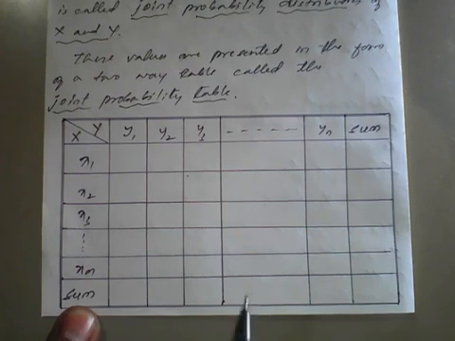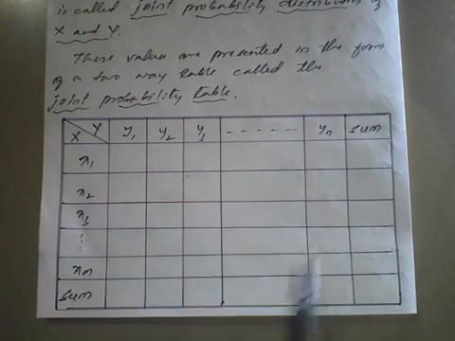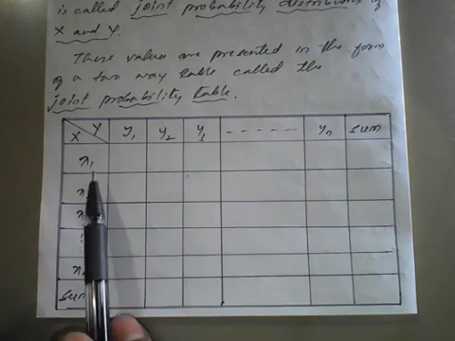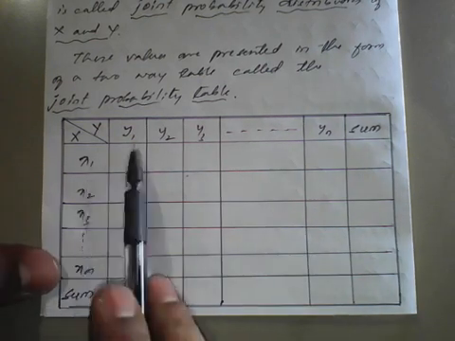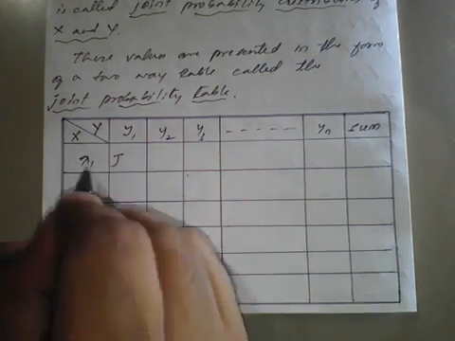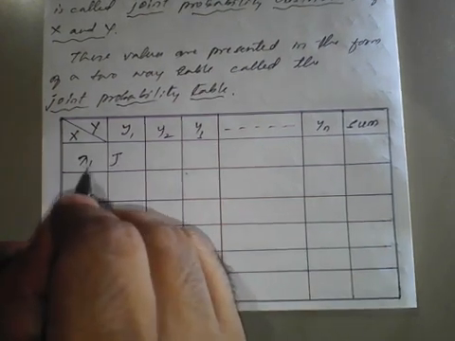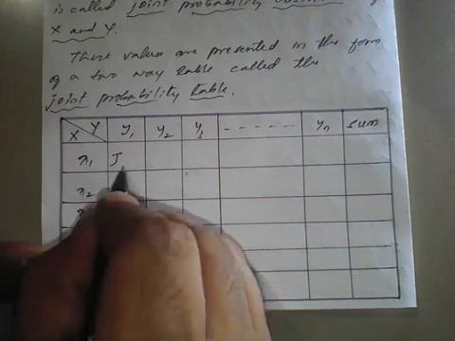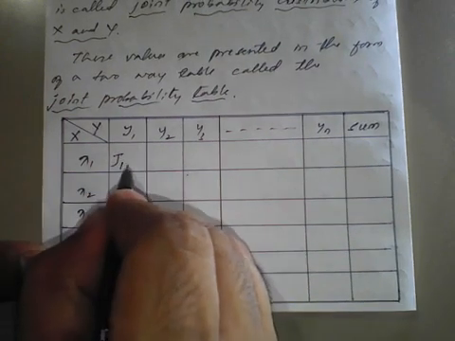Now this table is presented in the form of a two-way table called the joint probability table. So the value for x1 and y1 can be written jointly as J of 1 1.